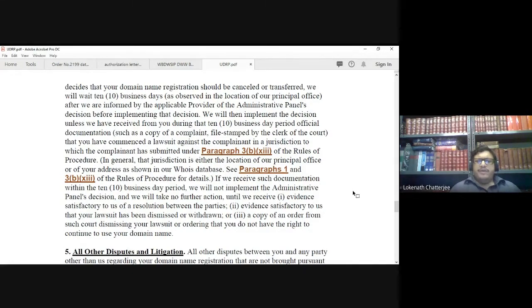Basically, in case they will want to go and approach a court, they will wait for some time. It also does not infringe on the jurisdiction of the local courts. Now, that local courts could be the principal office of WIPO or the location of or the address of the complainant.